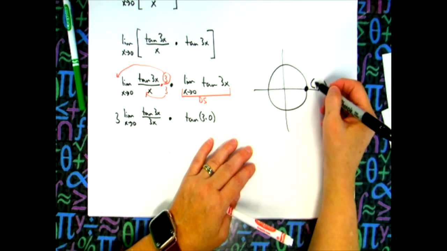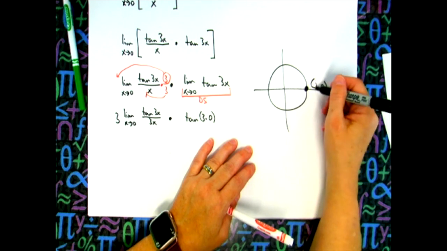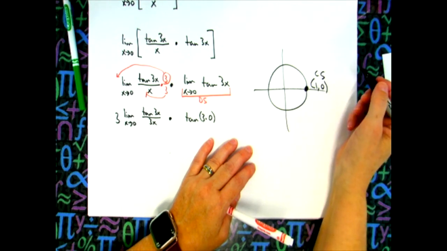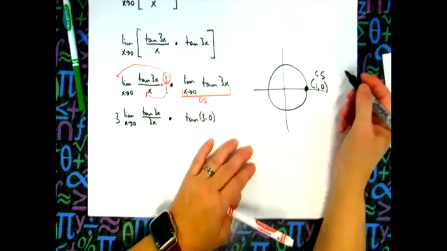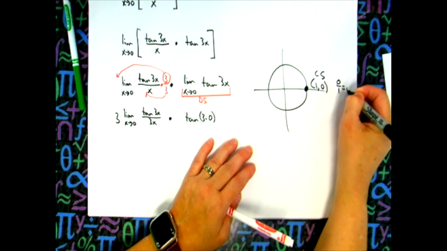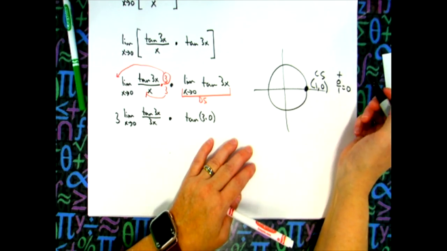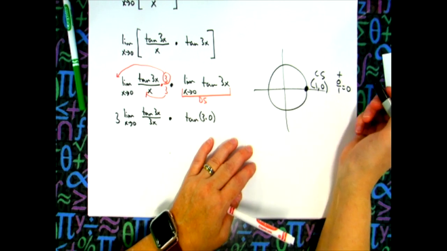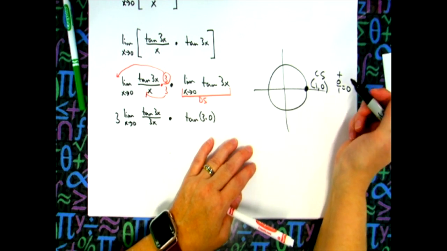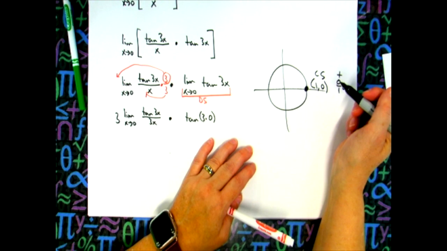My first one is cosine, and the second one is sine. How do we find tangent? Tangent is sine over cosine. So that would be 0 over 1, which would be 0. So tangent of 0 is 0. Like, oh my God, I have to remember all that stuff from pre-calc.